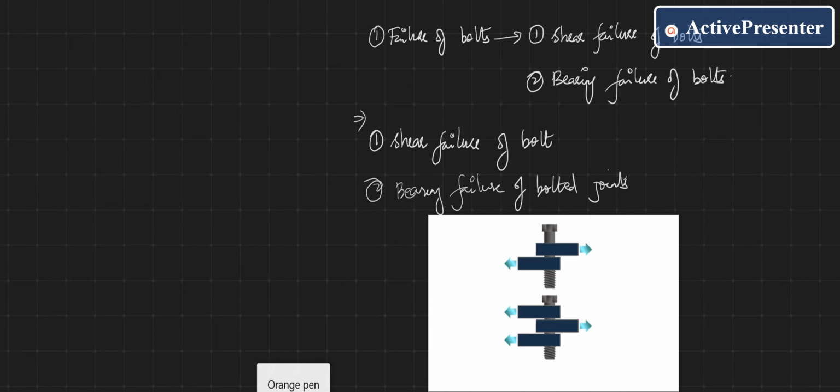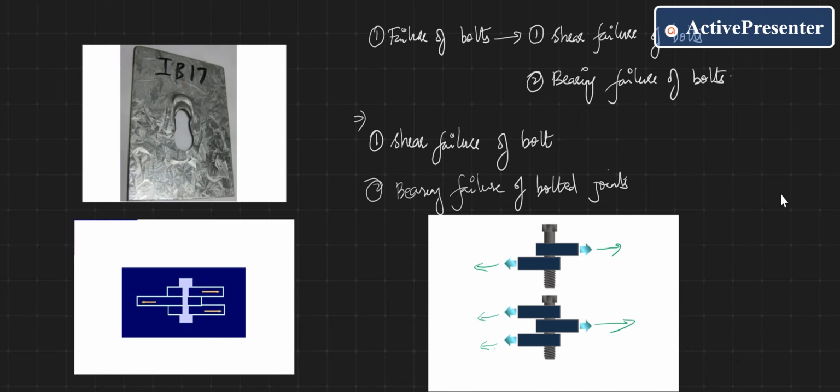When I apply the load like this, the shape of the bolt hole changes from circular to elliptical. Such kind of failure is called bearing failure of bolted joints.